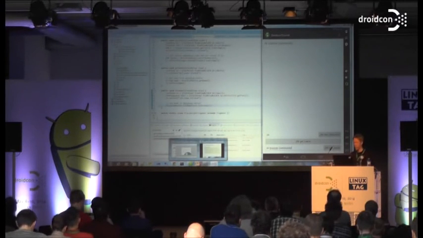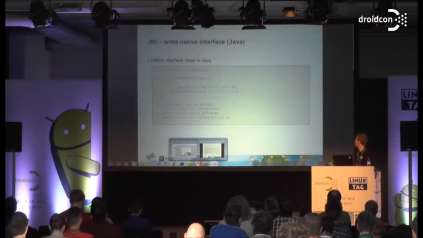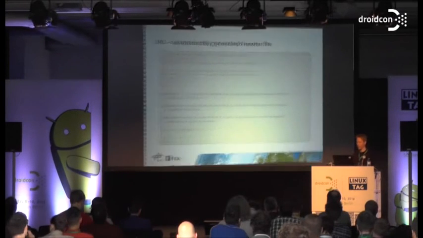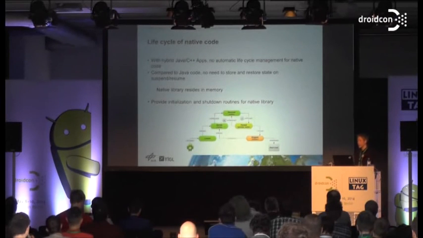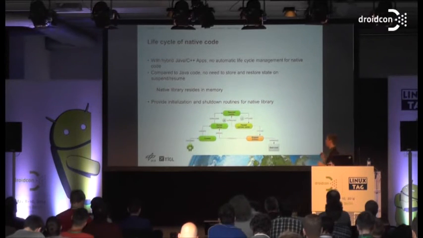It's about the life cycle of native code, and it's different compared to what you have with Java code. So we're skipping this, I already did that here in the tutorial. You probably know that an Android app has several steps in its life cycle: started, resumed, paused, stopped, created, whatever.